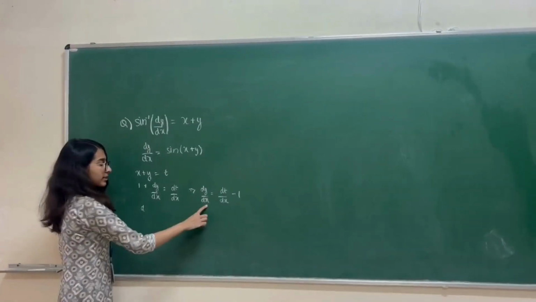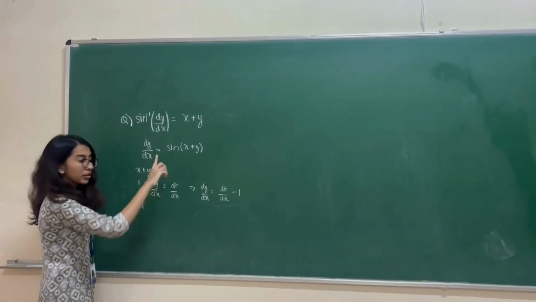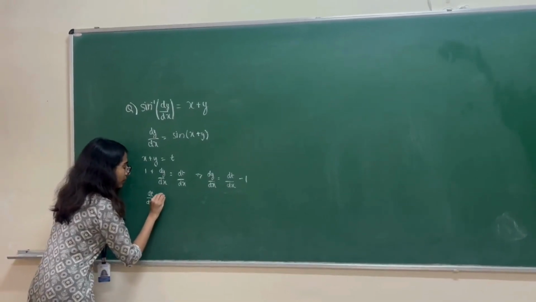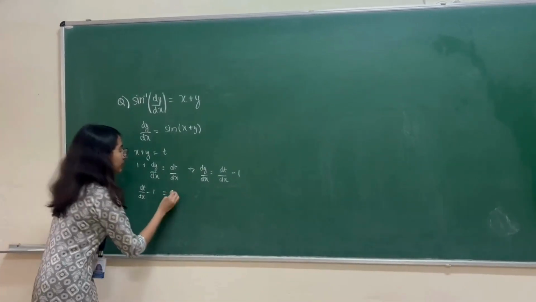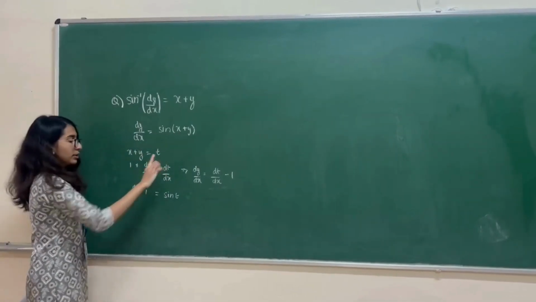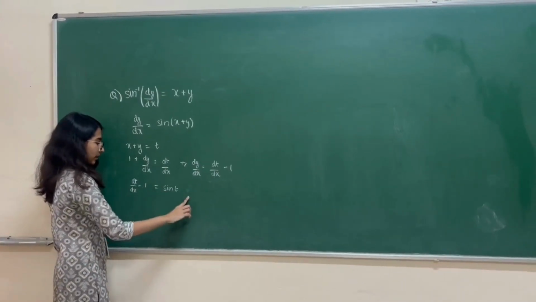Now we can replace dy by dx with this new expression that we found back into the equation. So we get dt by dx minus 1 is equal to sin t, because we took x plus y is equal to t. Now what we can do is we can take this minus 1 to the other side.